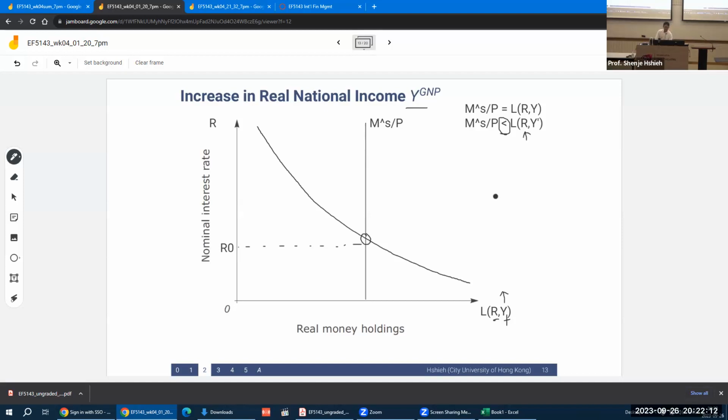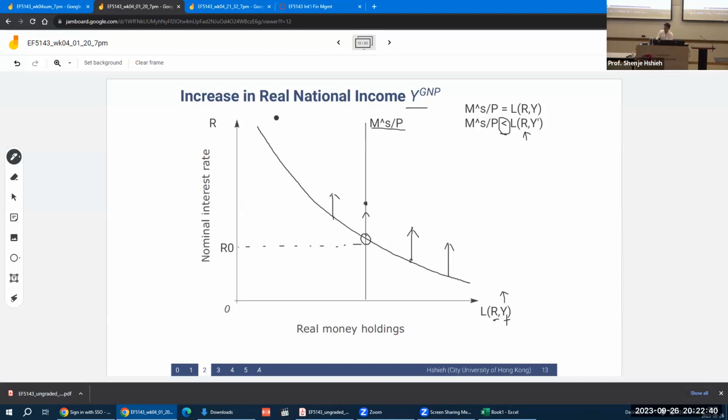So what does that look like in a graph? What I've done is basically I've chosen an arbitrary starting point. So here I chose MS over P. If we have higher Y, then we must have higher R, right? But the choice of MS over P is arbitrary. So I could choose any starting point. For any starting point, I must have a higher liquidity preference curve. That's what it means.